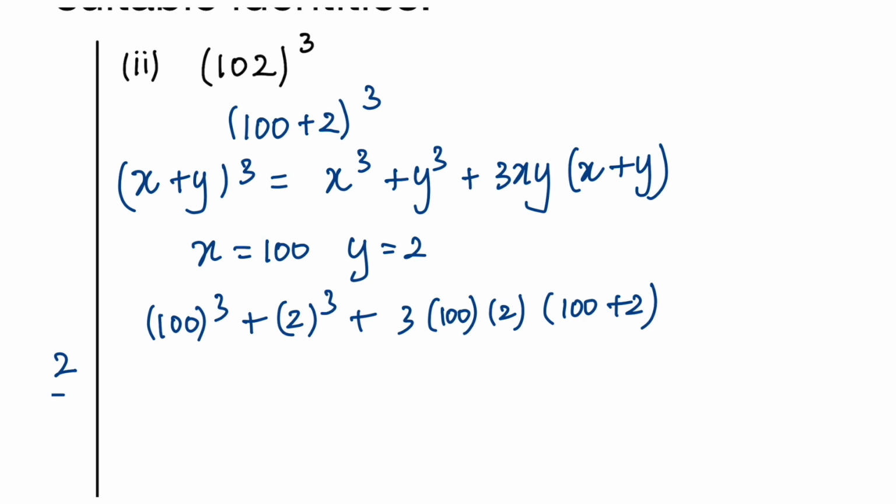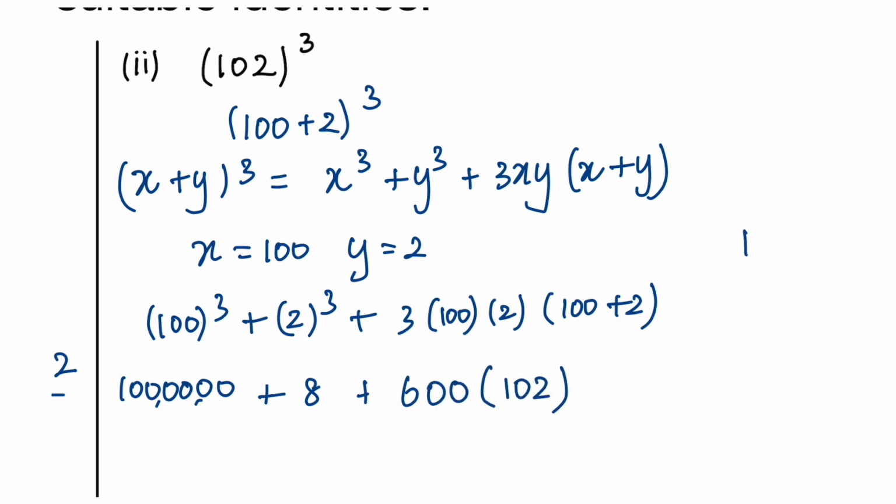Further on evaluation, it's 100 cube, so you have these many zeros, and 2 cube is 8, and here we have 3 into 100 into 2, so that is 300 into 2, that is 600 into 102. Now first we can multiply 102 into 6. 6 times 2 is 12, we have remaining 1, 6 times 0 is 0 plus 1, and 612.